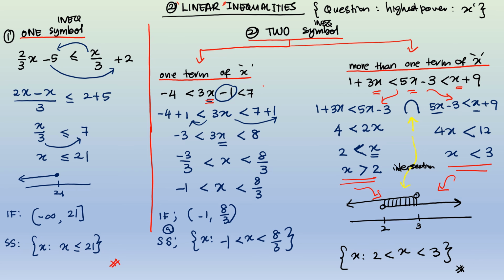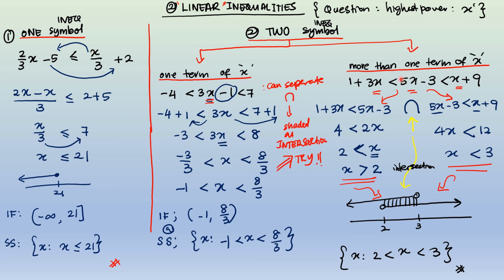This one you can also separate, but if you separate, you must use the symbol 'and' and you must shade the intersection. You can try this example: try to separate, try to draw the number line and try to shade the intersection, and you get the same answer.